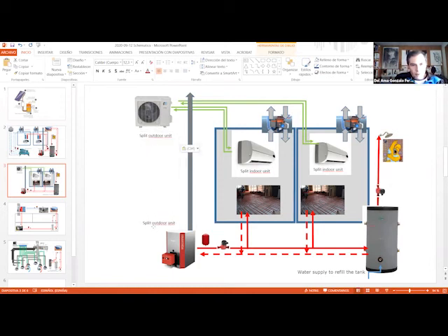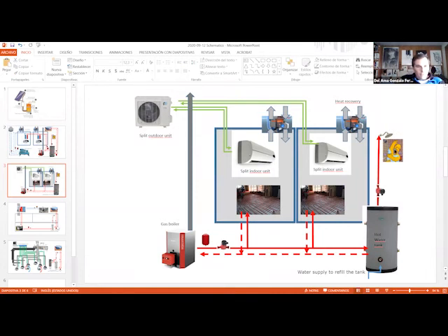This is a gas boiler here. Okay. And this is a hot water tank. And what else? Oh, the heat recovery. Heat recovery for ventilation.